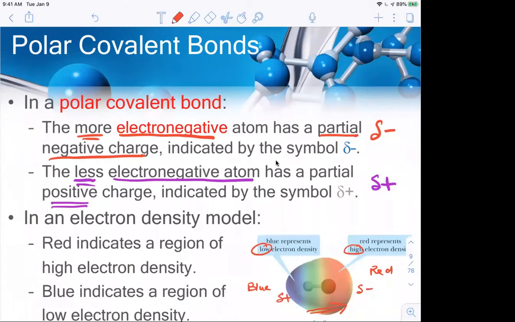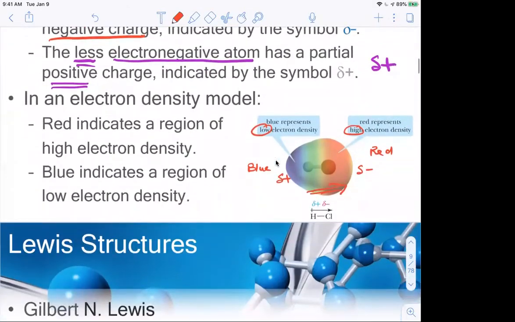It's not a full transfer, so I can't call this an ionic bond, but because the electrons are shifting towards the more electronegative atom, it is a polar covalent bond because I get a charge distribution within the bond and then the molecule.